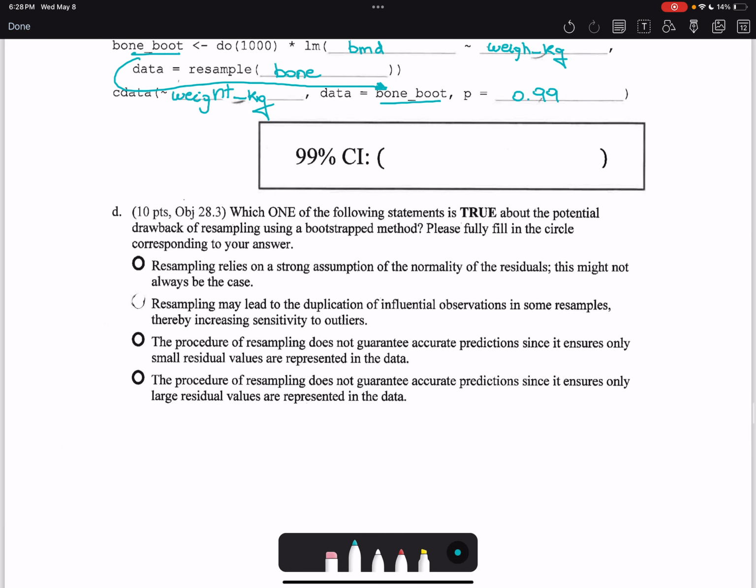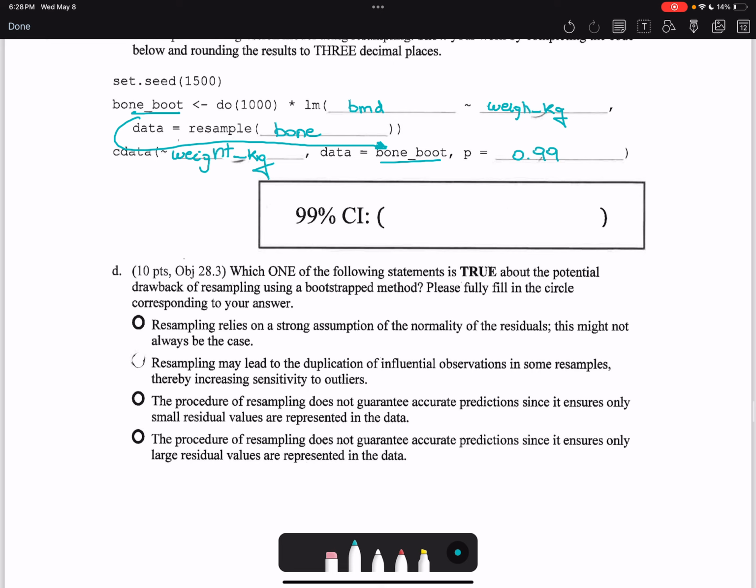Which one of the following statements is true about the potential drawback of resampling using a bootstrap method? Well, let's think about it. In a bootstrap method, if you resample the observations overall, so both your explanatory variable and the response variable, then you might incur influential points that are sampled in some bootstrap samples and not sampled at all in others.